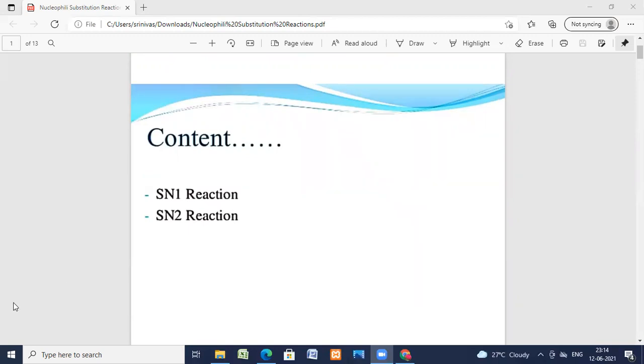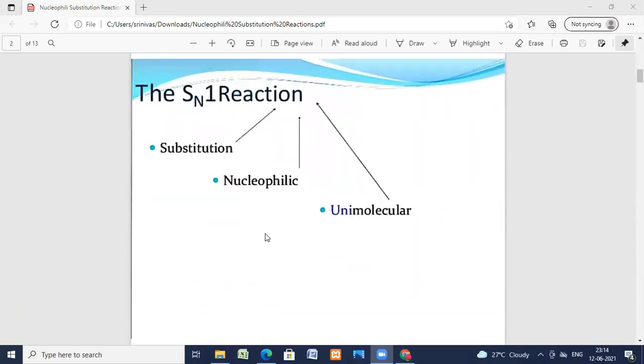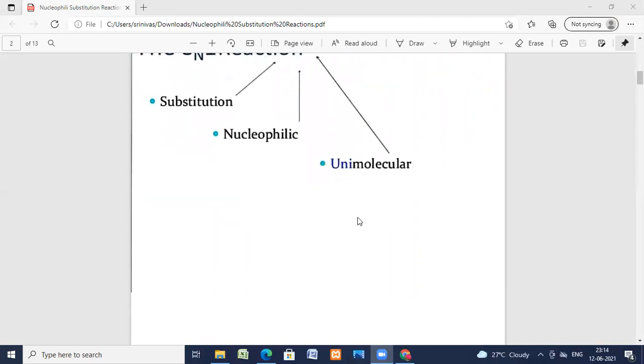SN1 is the unimolecular nucleophilic substitution reaction. SN2 is the bimolecular nucleophilic substitution reaction. So in the SN1 reaction, substitution nucleophilic unimolecular reaction, let us see how the reaction proceeds.